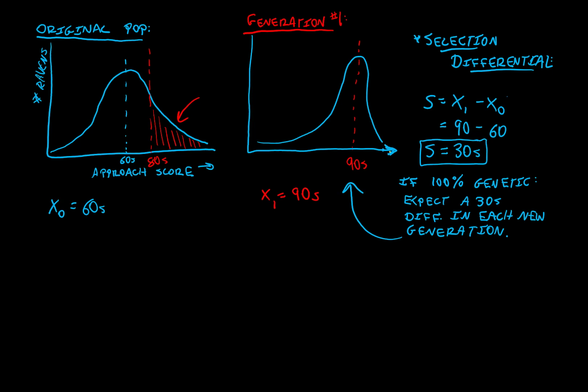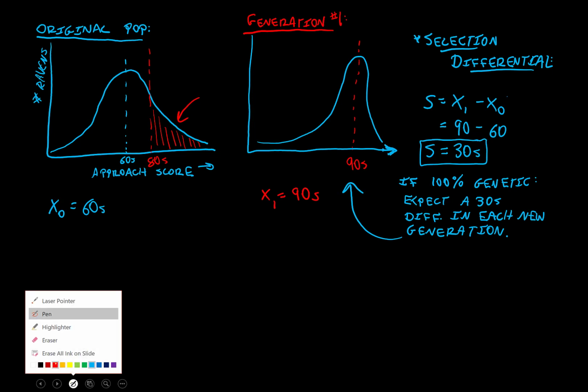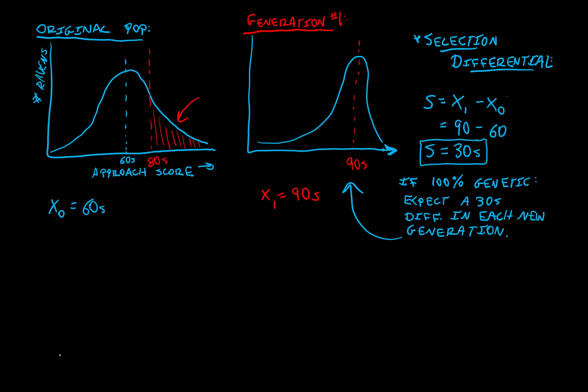Well, we're going to do one more round of artificial selection. This time, we are going to allow generation 1 to breed with itself. No constraints, no restrictions. Any bird in generation 1 can breed with any other bird in generation 1. And that's going to give us our generation 2.